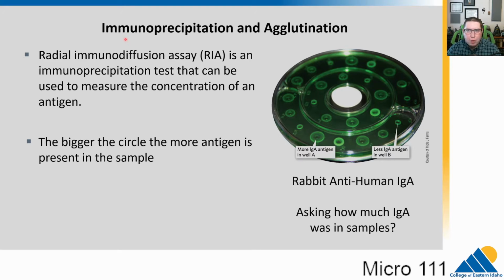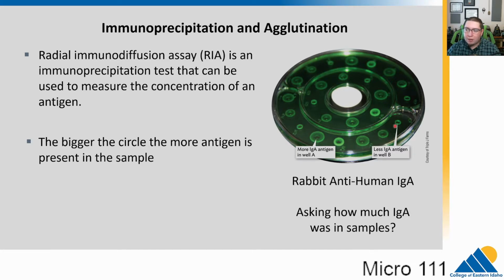This can help us in several ways. We can use immunoprecipitation in this assay called a radial immunodiffusion assay to tell how much antigen is in there. It's not critical that we know this, but this is a gel with antibody in it, and we put antigen in that we're testing, and the more antigen that's in there, the larger the circle becomes until we reach the point where everything has immunoprecipitated.